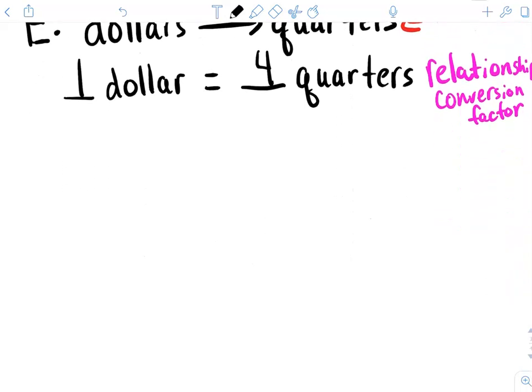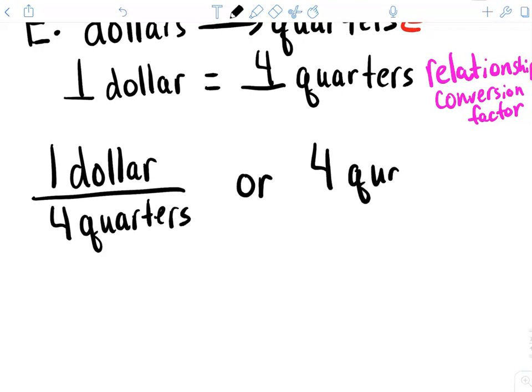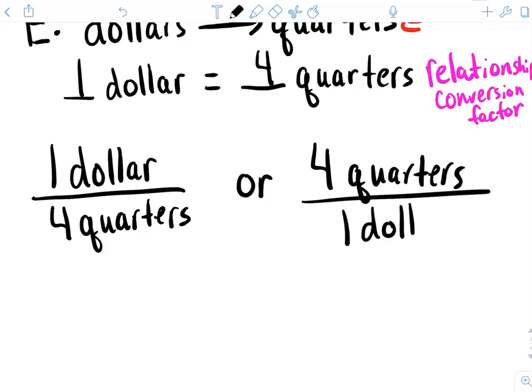Now, what I'm then going to do is, I can't really do a lot of math with this yet. I need to change the way that I'm writing it. So we're going to turn it into a fraction. So we're going to say $1 over 4 quarters, or we can do the reciprocal, 4 quarters over $1. And the reason why we can write these as fractions is because they're measuring the same thing.